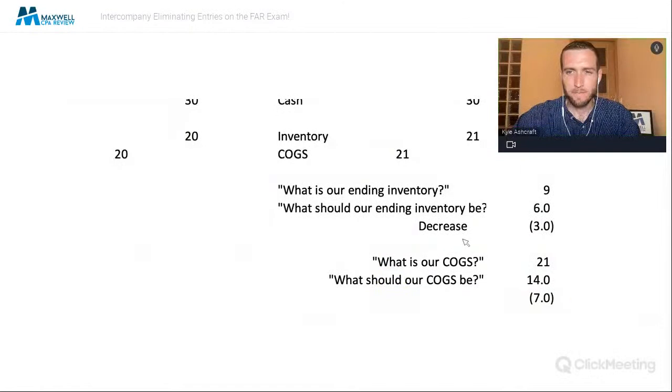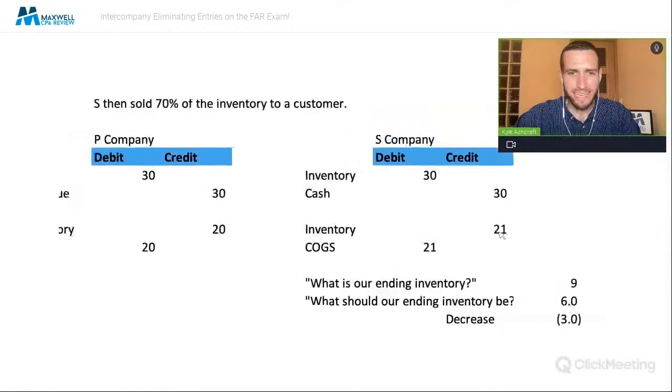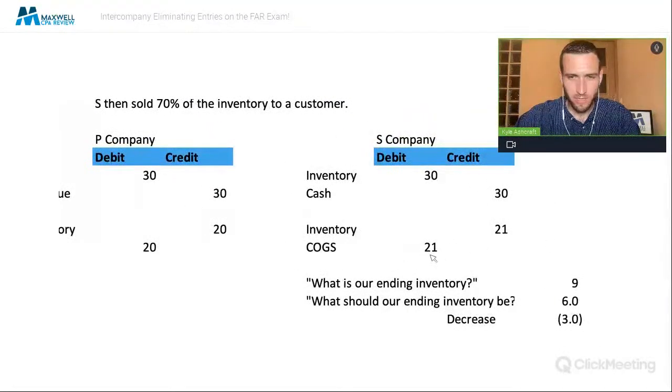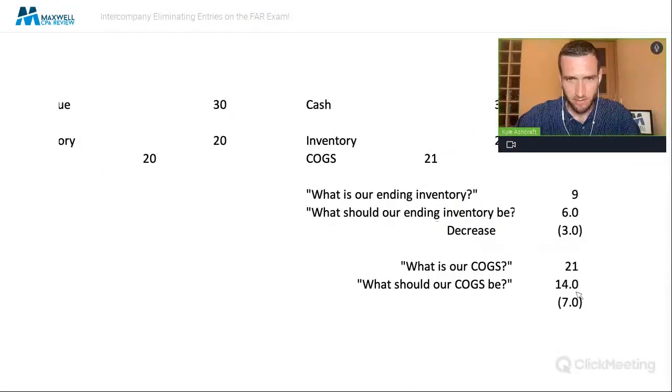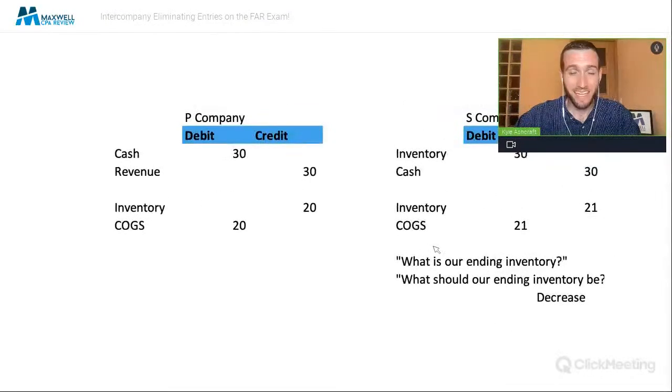We have to ask, what is our cost of goods sold recorded for, and what should it be recorded for? It is recorded for 21, as we see up here, but it should have been recorded for 14, because that would have been 70% of this inventory from the parent's perspective.